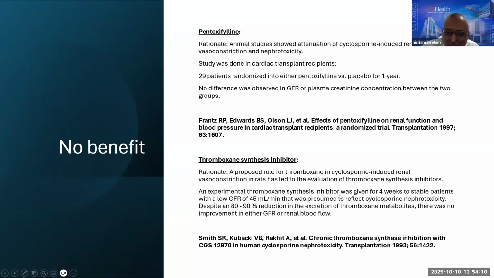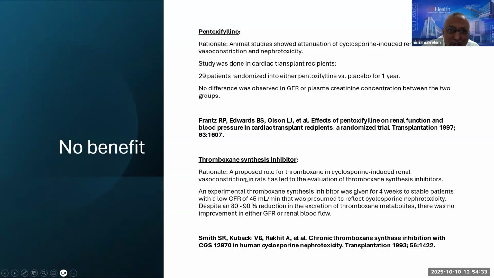So these patients were presumed to have baseline CNI nephrotoxicity. I don't believe that they did biopsies to prove it. And although they managed to document an 80 to 90% reduction in the excretion of thromboxane metabolites, so the drug was effective in inhibiting thromboxane synthesis, there was no improvement in either GFR or renal blood flow.